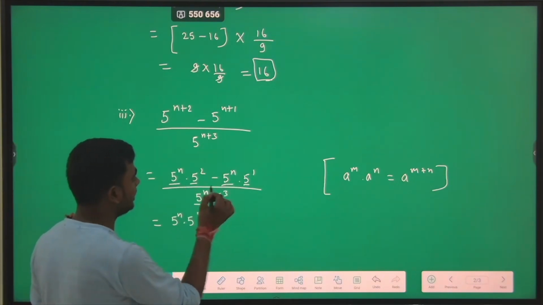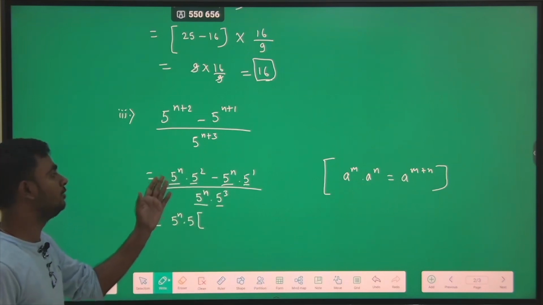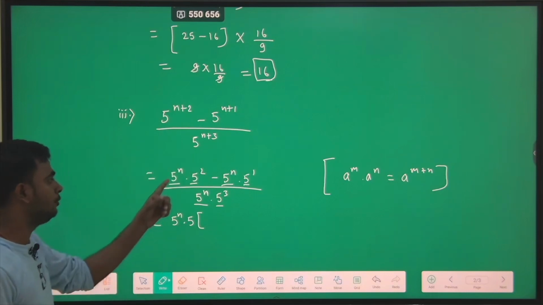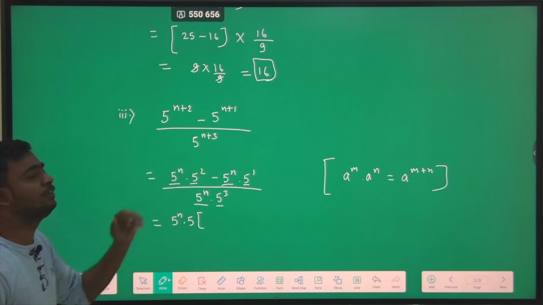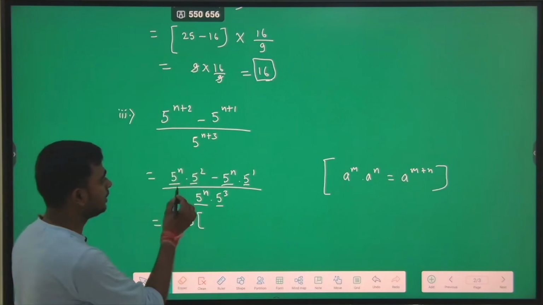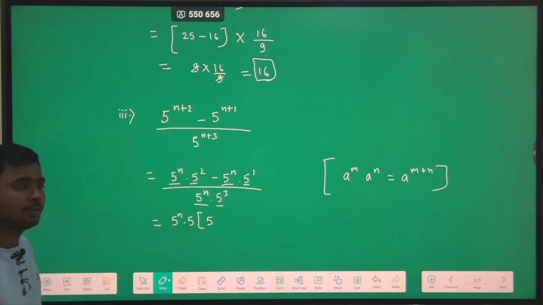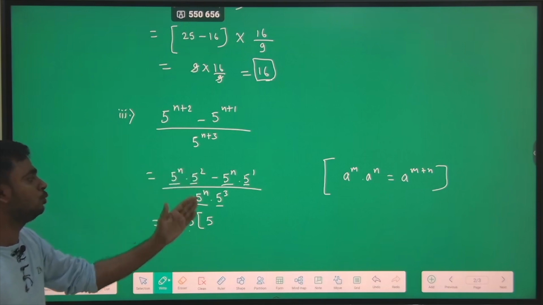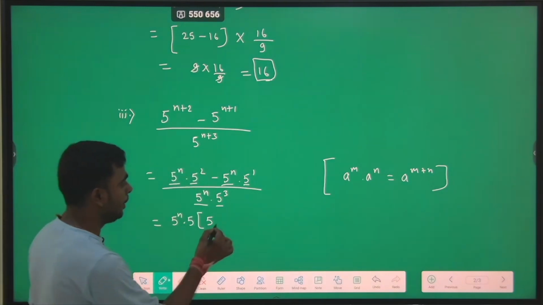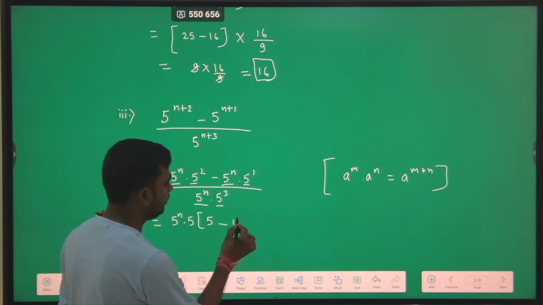If we are removing 5 to the power n into 5 from here, what we will get? We will get only 5. Since it is 5 to the power n into 5 to the power 2, it means 5 to the power 2 is 5 into 5, and 5 to the power n into 5 is common, so only one 5 will be written here. Minus 5 to the power n into 5 is taken as common, so it will be 1.